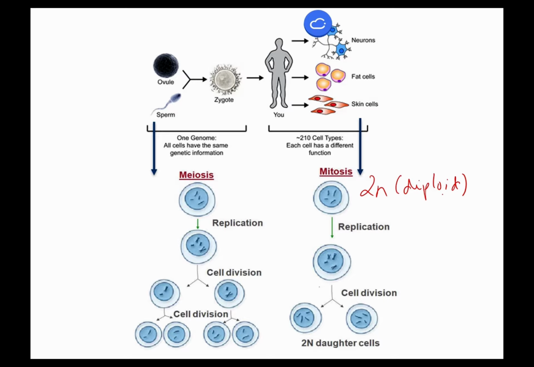Meiosis is a two-division event. First division here, second division here. It produces 4 cells, so the end product is 4 cells. They're not genetically identical, and the ploidy does change. Why does the ploidy have to change?